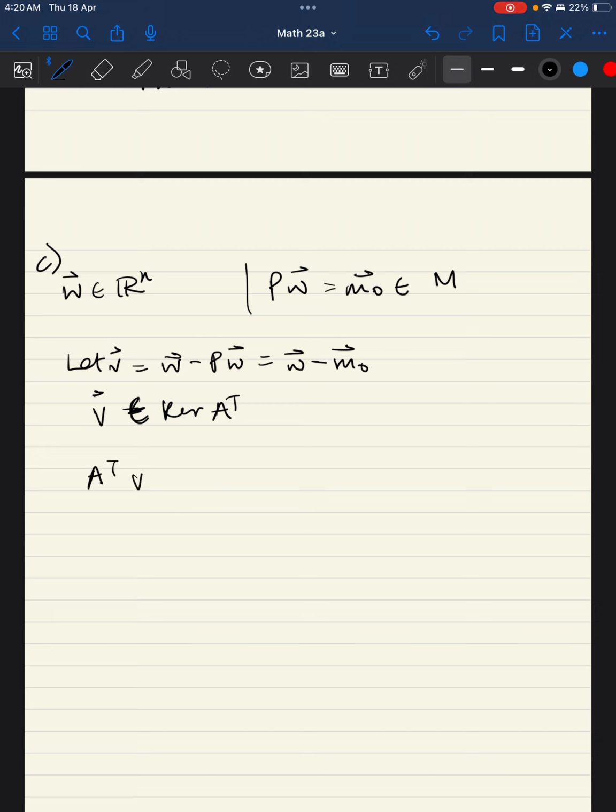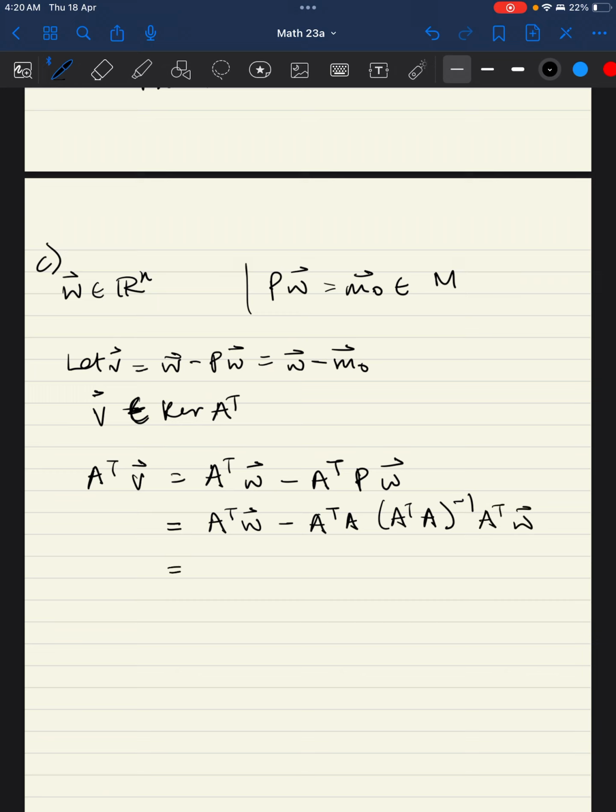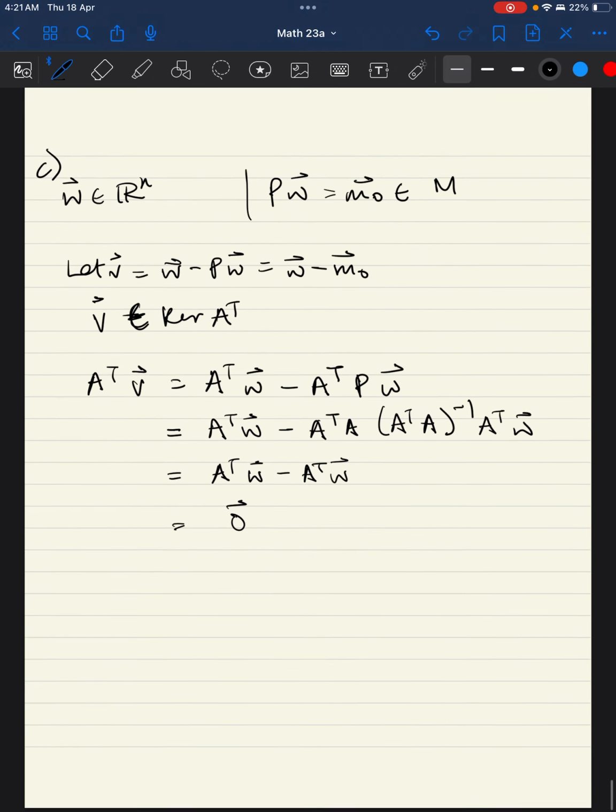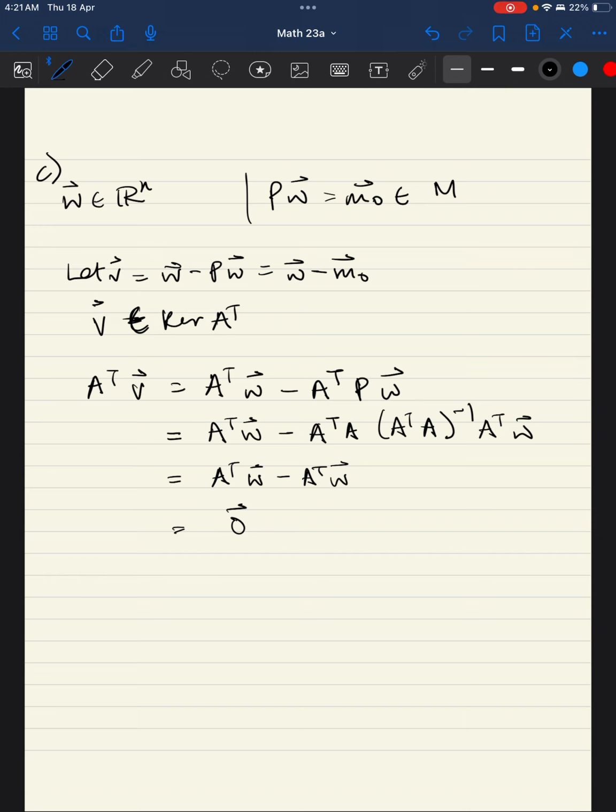So A^T V is equal to A^T W minus A^T PW, which is A^T W minus A^T A (A^T A)^{-1} A^T W, which is A^T W minus A^T W. So it cancels out to give us the zero vector.